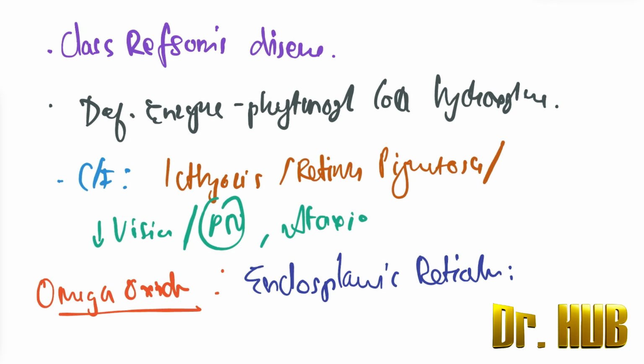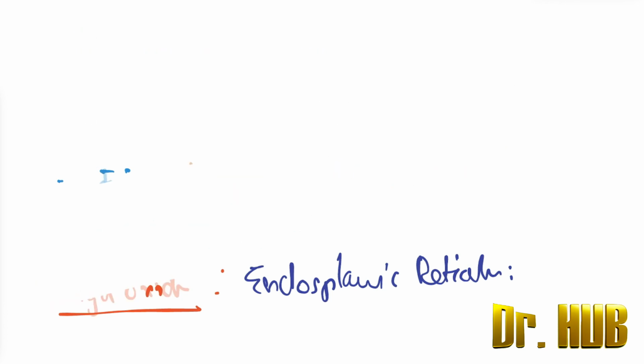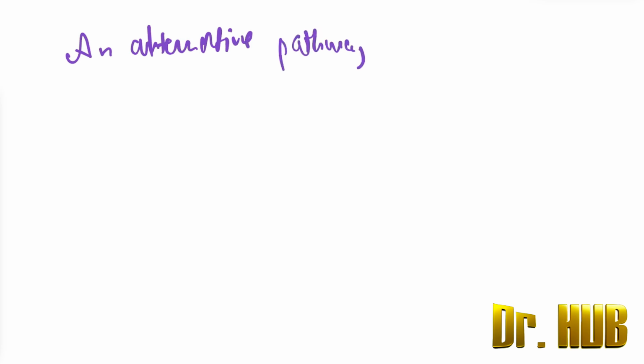Its properties: it is an alternative pathway to the beta oxidation. It occurs in the microsomes.